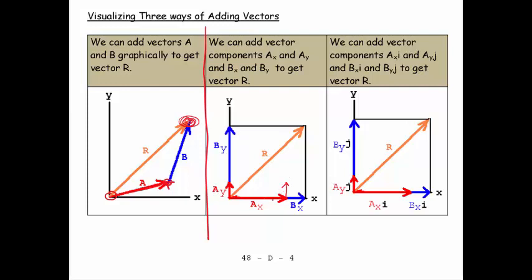So these are equivalent. And for vector B, I could divide vector B up into 2 components. So I could have an x component of vector B and a y component of vector B. And what I end up with is an x component of my answer, the resultant, and a y component of my answer, the resultant.